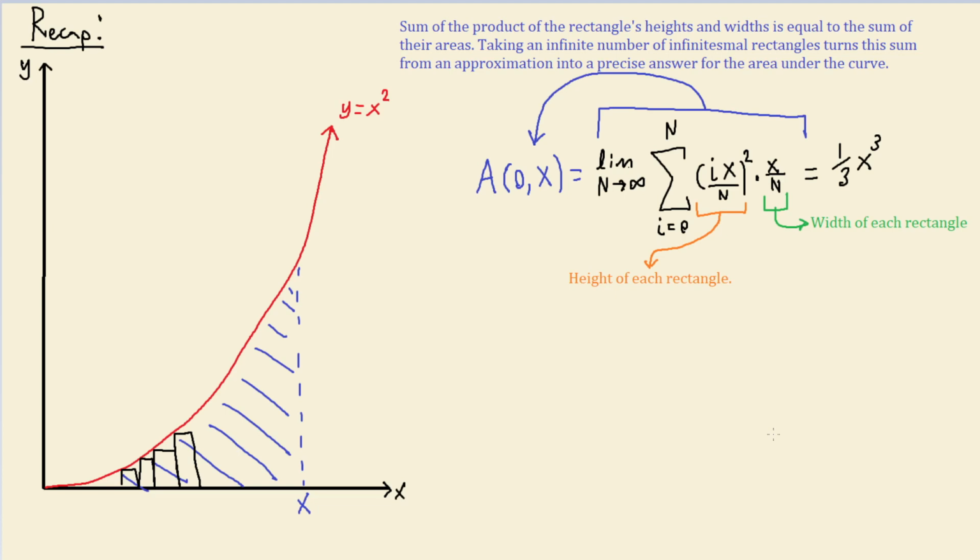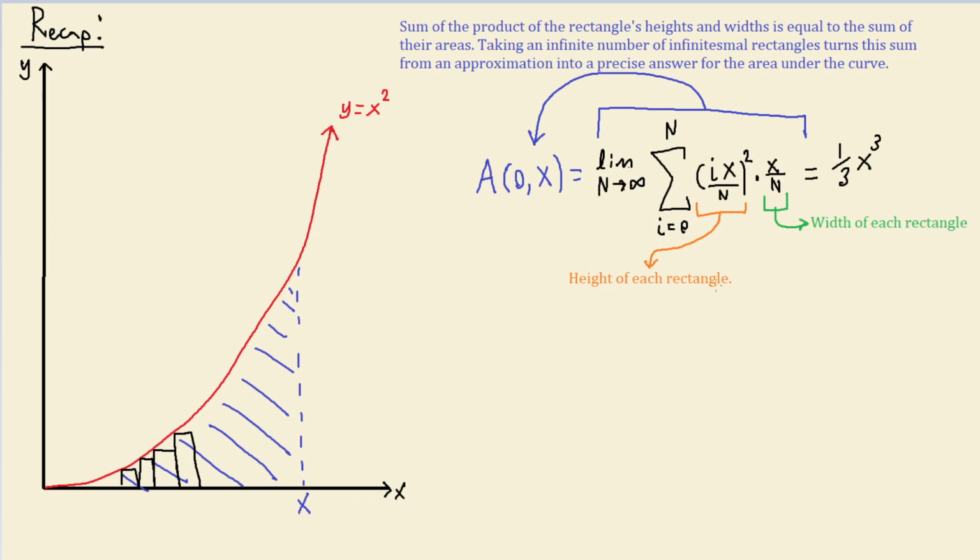And when we took the limit of this expression as n goes to infinity, that would break this area up into infinitely many infinitesimal rectangles. You can see that as n goes to infinity, the width of each rectangle is going to become incredibly small. It will approach 0. And so when we broke that up into infinitely many infinitesimal rectangles, this Riemann approximation ceases to be an approximation and becomes a precise answer for the area under the curve.